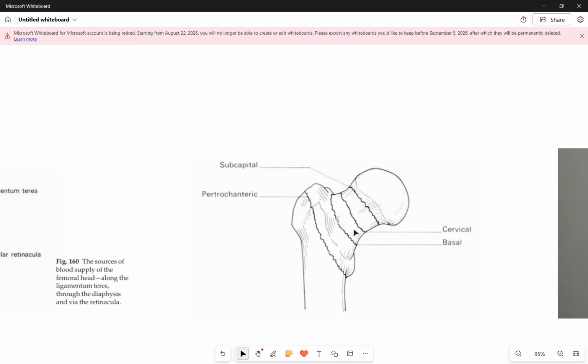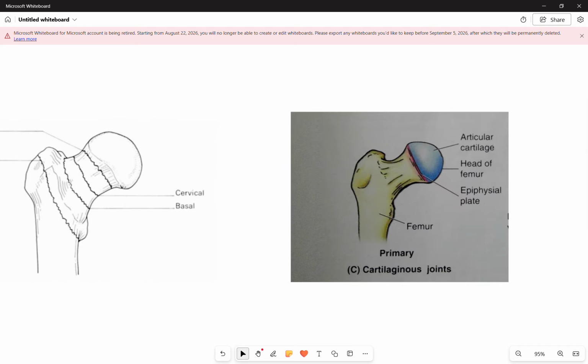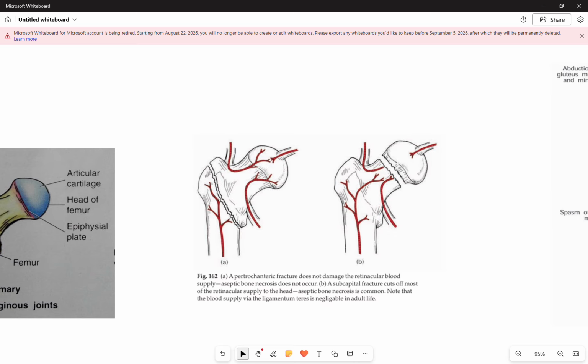In the proper neck, the fracture can be subcapital, just beneath the head. It can be cervical, in the mid part of the neck, or it could be basal, near the intertrochanteric line. Now what is the importance of these different fractures? Look at this blood supply which I have told you earlier on.